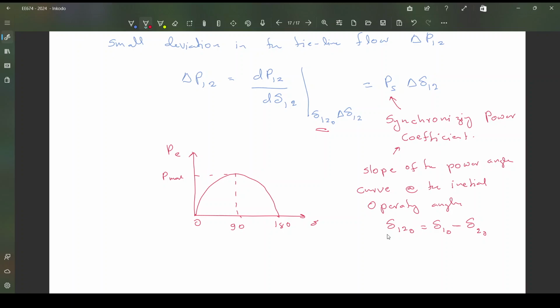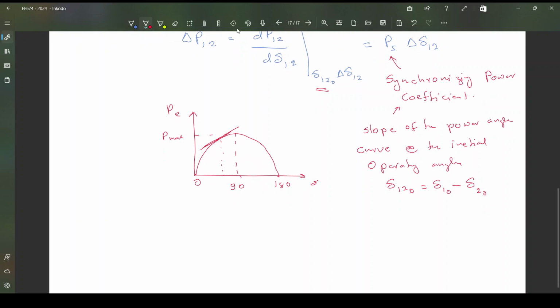So this is the initial angle difference, the initial operating angle, and Ps is the slope of the power angle curve at this point. So we can calculate the synchronizing power coefficient.